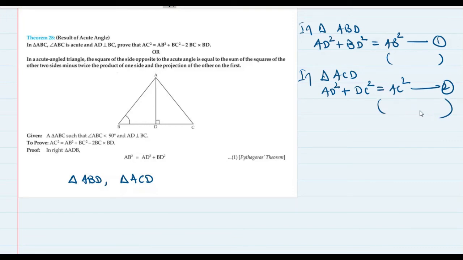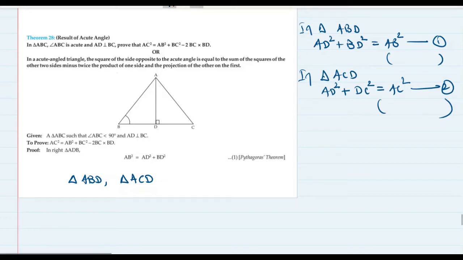Superb. Now what? Now see, what do we have to prove? We have to find the value of AC square, but in terms of AB square, BC square and product of BC and BD. So what is not required in this whole proof?